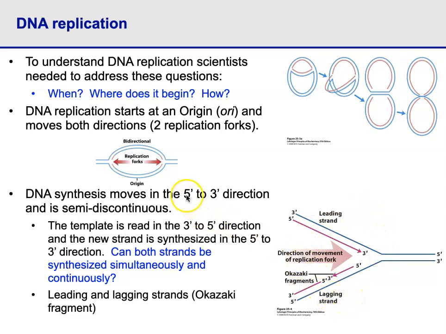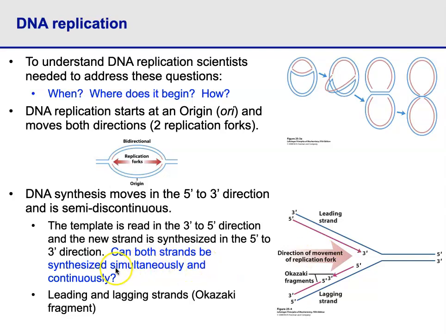Now, if the synthesis is always done in the 5' to 3' direction, which basically means that the new nucleotides are always added to the 3' end of the growing chain, then the template must be read from 3' to 5' direction. In other words, the replication goes in this direction. It reads the template 3' to 5' and synthesizes the new DNA from 5' to 3'. And we'll see why that is a little later, chemically speaking.